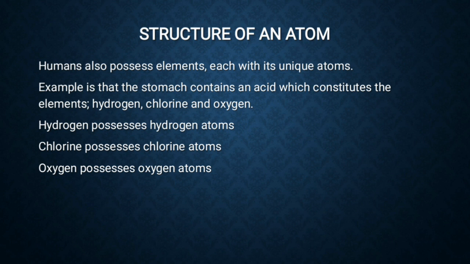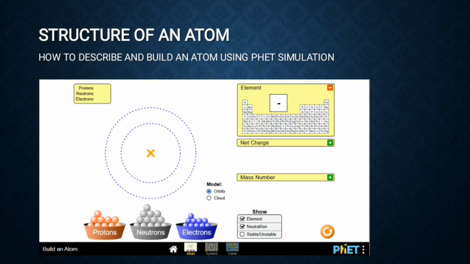We also saw that humans are composed of elements, each with its unique atom. We learned all of these last week, and we stopped where we wanted to describe and build an atom using PhET simulation, and this is where we pick it up today.